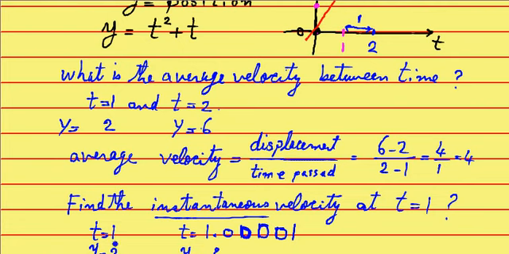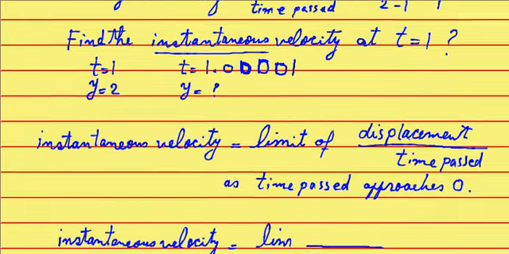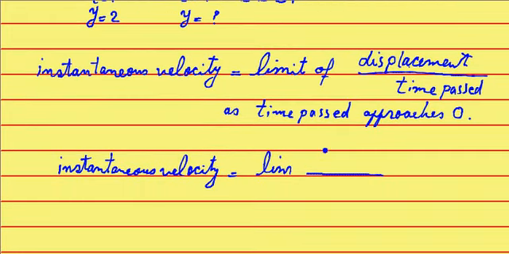At t equal to 1, the position is 2. At any arbitrary time, this is what the position is. So if I subtract them, I'll get the displacement from time equal to 1 second to that eventual time. So displacement here: t squared plus t, that is the position at time t, minus the position at the start time. At start time, t itself is 1, so 1 squared plus 1.